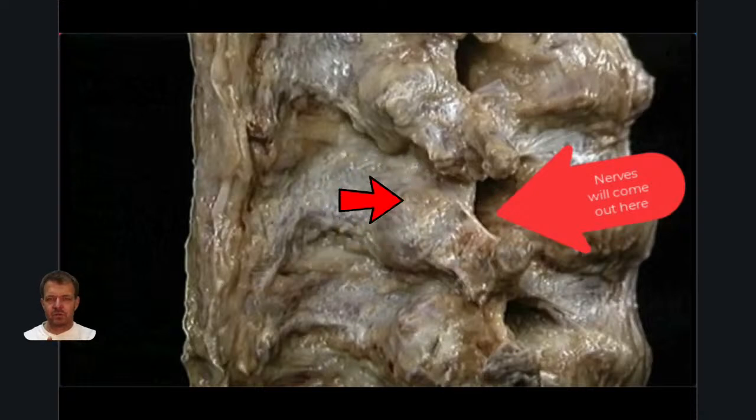So that's the capsule around the facet joint, full of synovial fluid. So when you move, it encourages the production of synovial fluid. And because of the shape of the joint, it moves in flexion extension really well. It side bends somewhat, but rotation is quite limited, just because of how they fit next to each other.